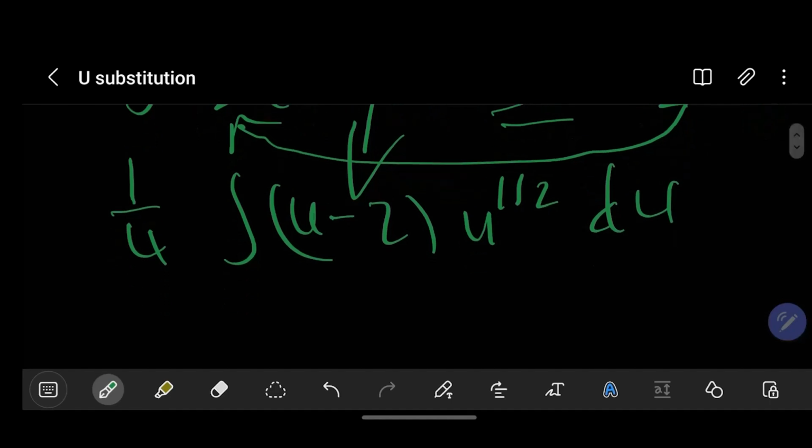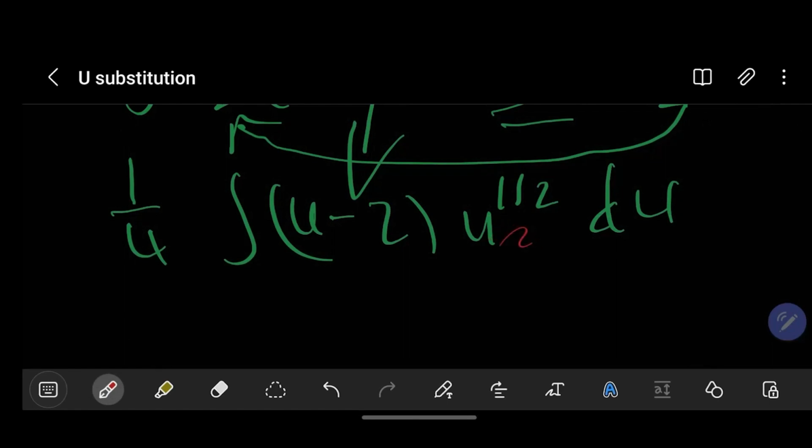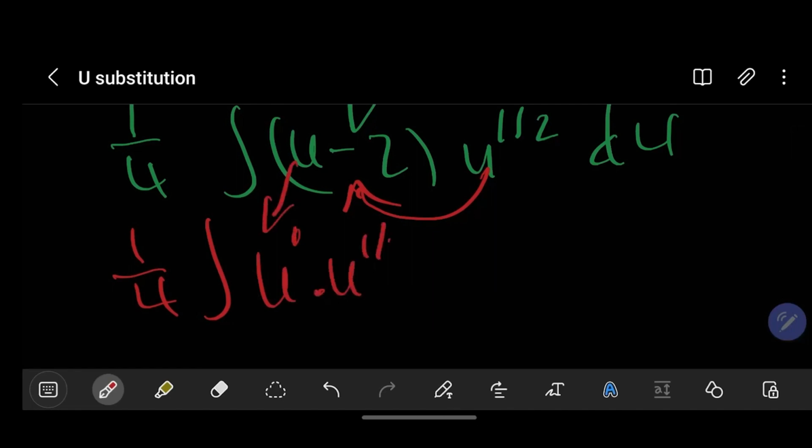So what do we do next? Next is the simple multiplication of u to the half, and we multiply that out into u minus 2. So that is now 1 by 4, the integral of u to the 1, multiplied by u to the half, minus 2 u to the half du.